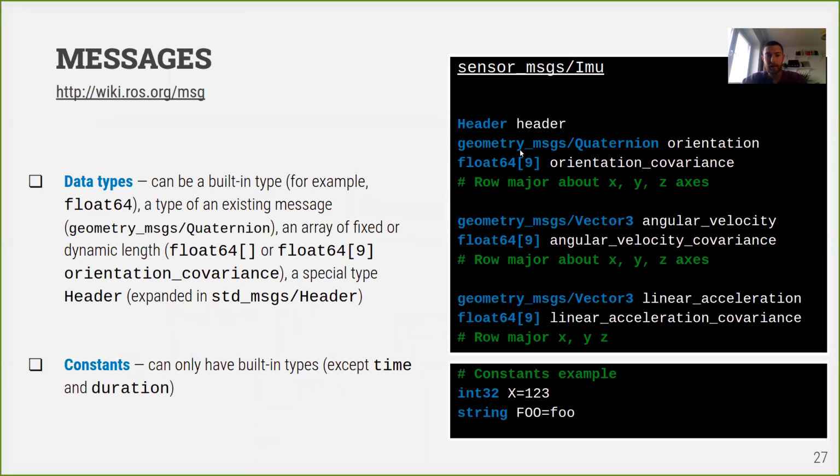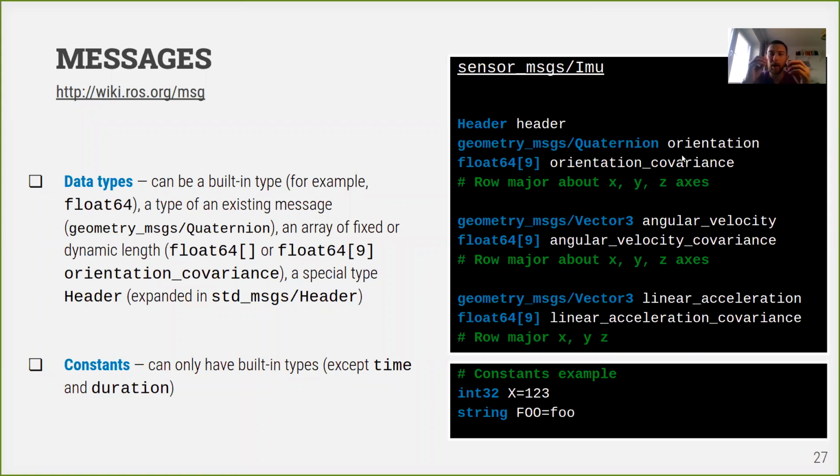So as you can see, these data fields can contain just simple data types and also arrays of static and dynamic lengths. But they also can contain already existing messages. So for example, in sensor_msgs IMU, one of the fields contains another message, which is geometry_msgs Quaternion, which is a simple type of geometry messages used to express orientation.